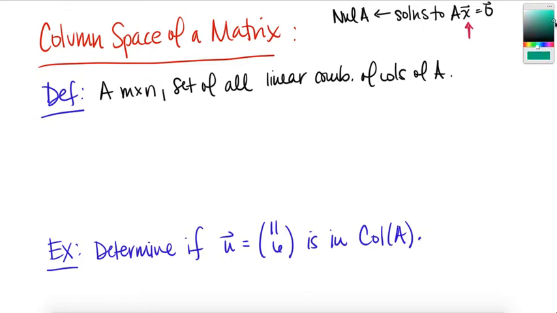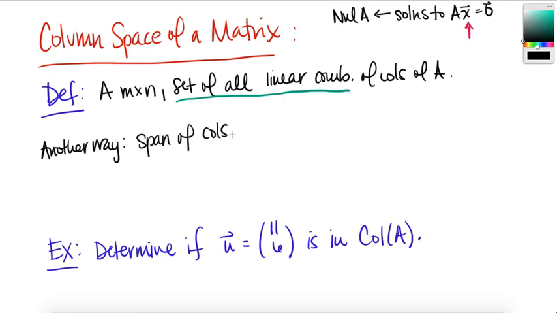What's another name for the set of all linear combinations of something? And I'll pretend you all said span. Okay, so another way to think about it is the span of the columns of A.